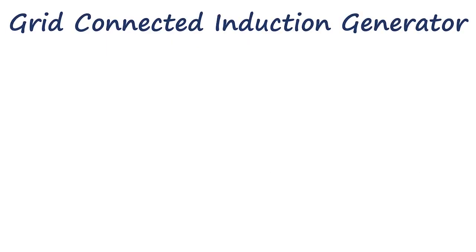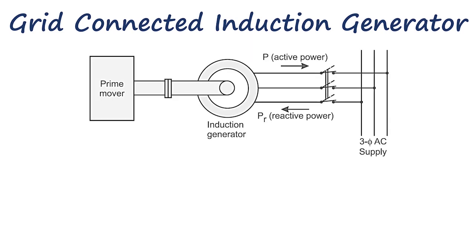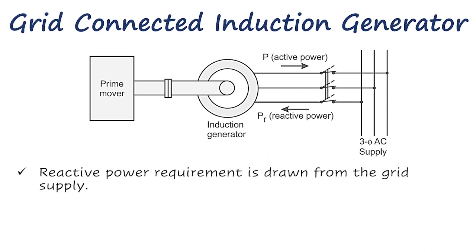Then we'll move on to the grid-connected mode of the induction generator. Grid-connected induction generators develop their excitation from the utility grid, and the lagging reactive power requirement is drawn from the utility grid. The induction machine is driven at a speed greater than the synchronous speed.